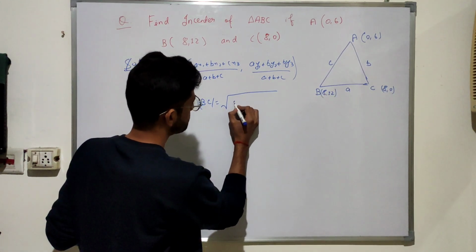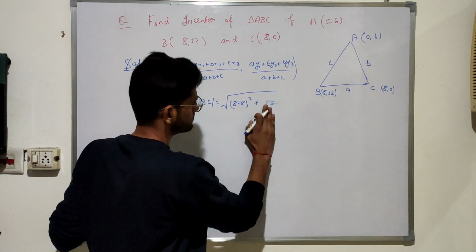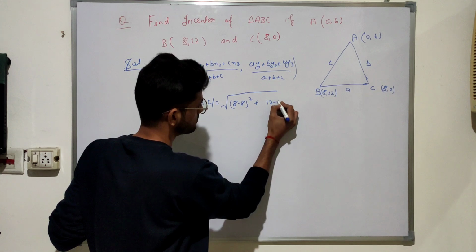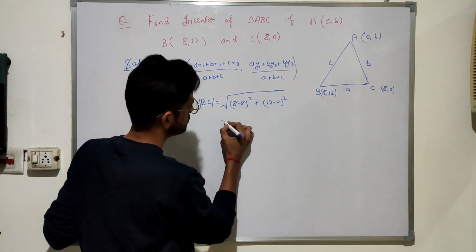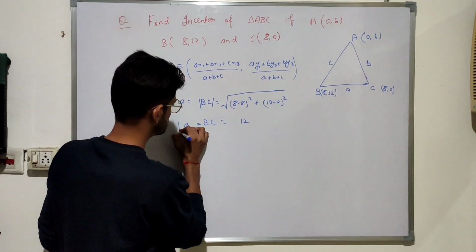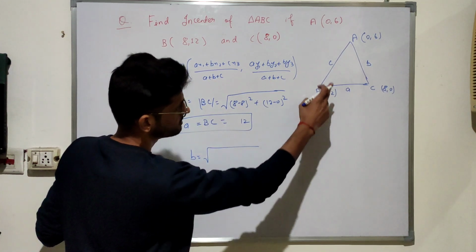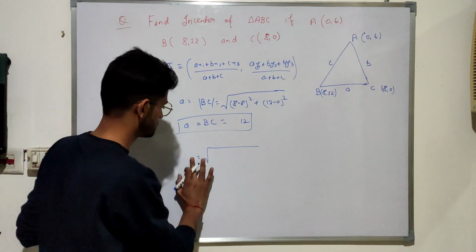So basically it will be 8 minus 8 whole square plus 12 minus 0 whole square. This is going to be equal to 12 itself. So basically a is equal to 12. Similarly, b can be written as the side length AC.